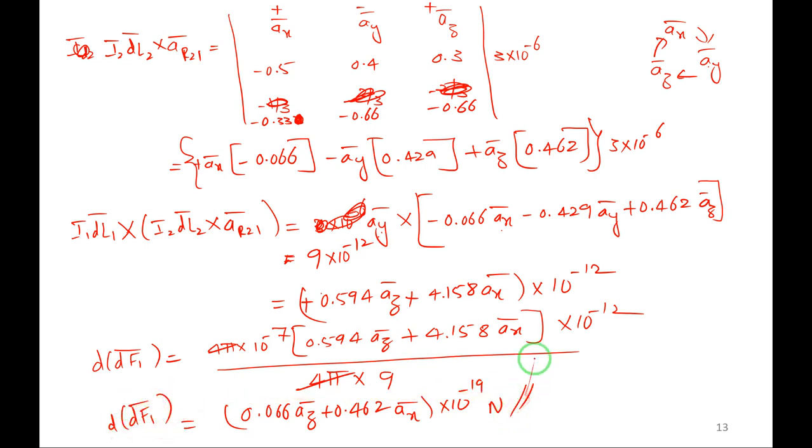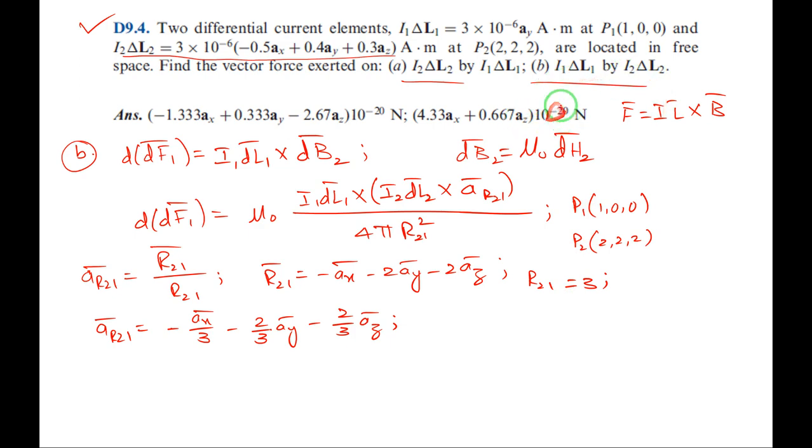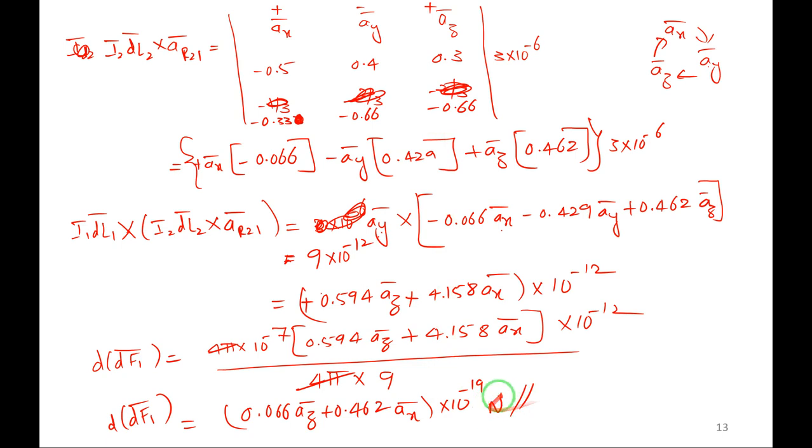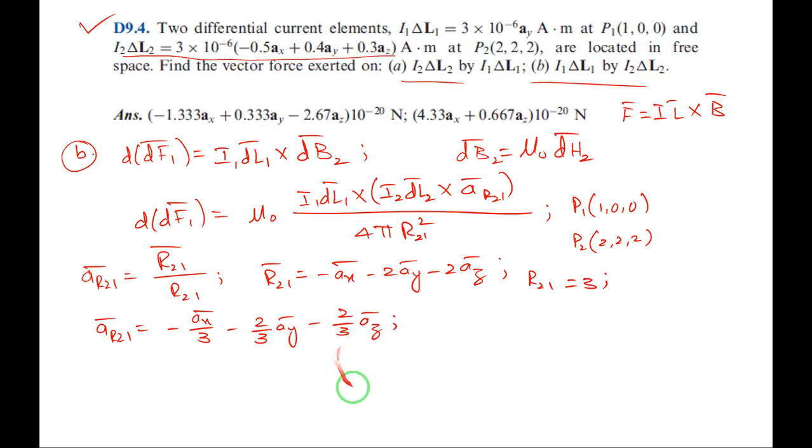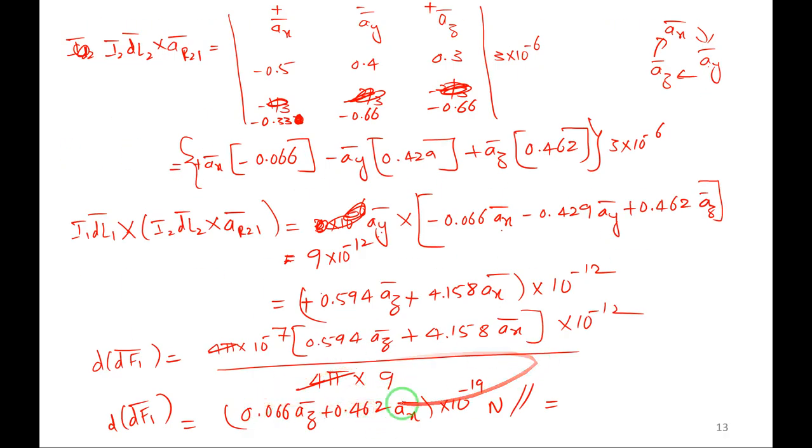So let me check the answer. They have given it in terms of minus 20, for the second one, right? We were solving the second one. So let me write it in terms of minus 20. What will happen? 10 power minus 20 means one digit shift. First they have written AX, then AZ, so let me write AX first. No problem, you can write in any way.